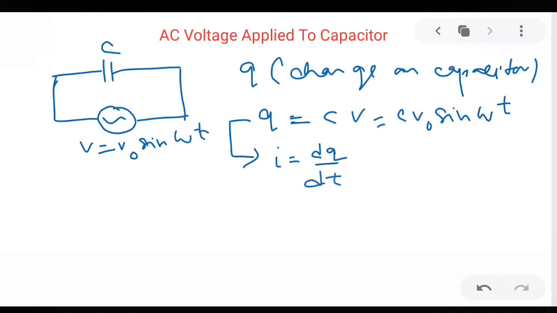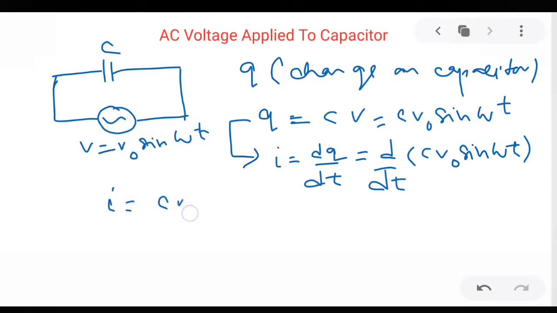Okay. Q is this quantity, so this is d by dt of Q. Q is C V₀ sin ωt, isn't it? So if we differentiate this, what do we get? We get I is equal to C V₀, sin ωt becomes cos ωt, multiplied by ω.